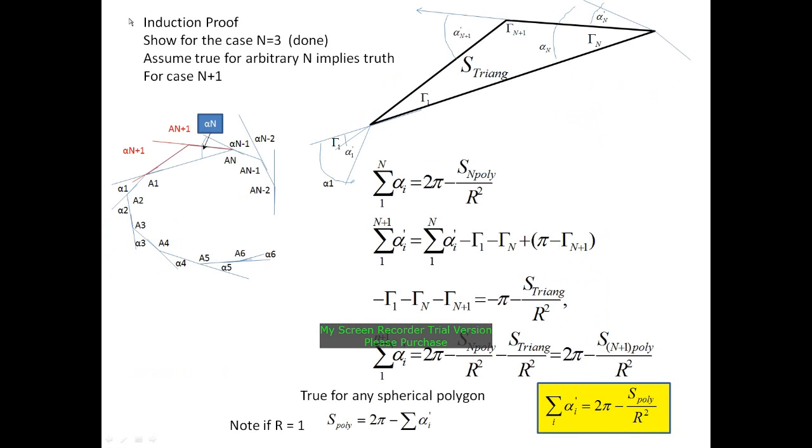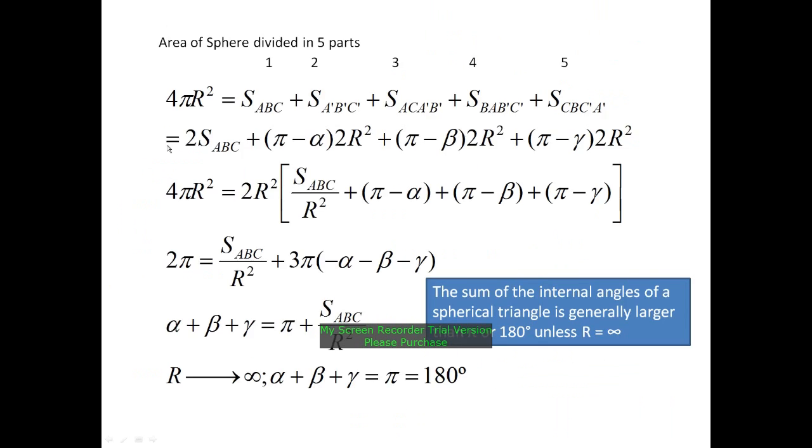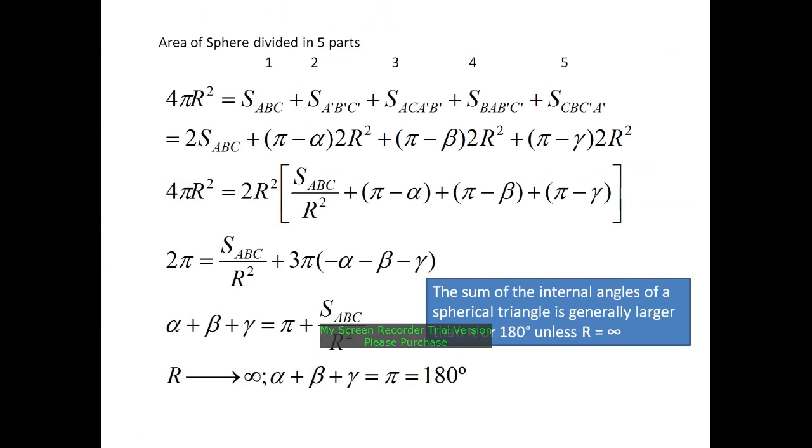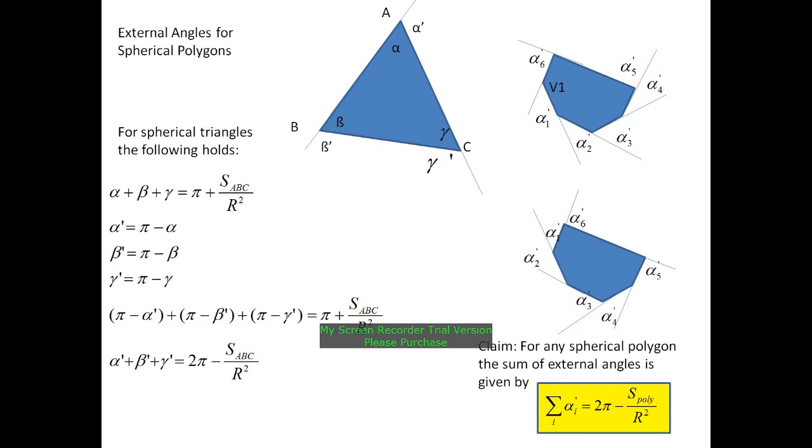And I just want to give credit: the proof I'm following here is by Ivan Sopranov, I think a professor at Cleveland State University or someplace. You can look up spherical triangles or Euler and Sopranov, and you'll come up with his publication, which I'm following.